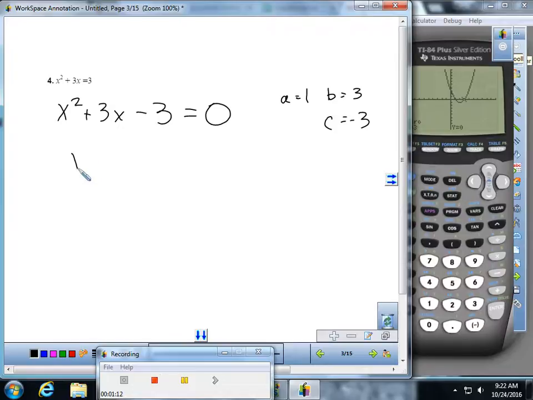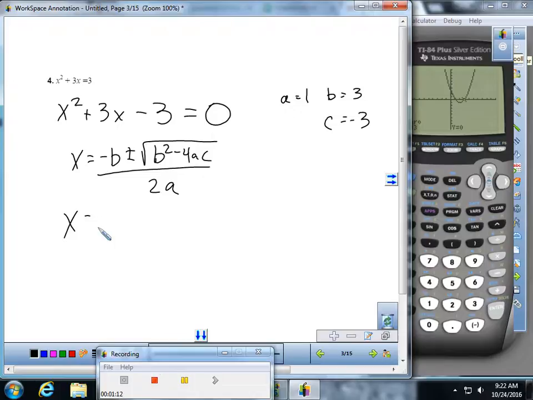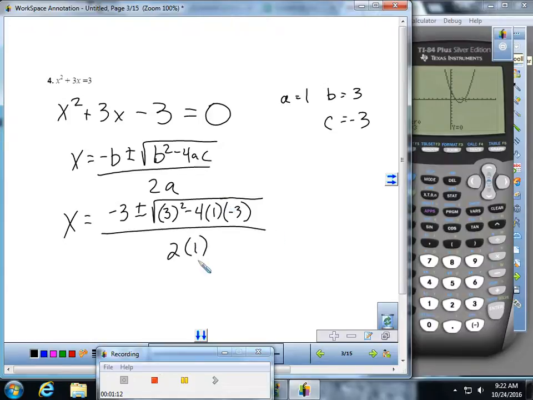Our quadratic formula is x equals minus b plus or minus the square root of b squared minus 4ac, all over 2a. So x equals minus 3 plus or minus the square root of 3 squared minus 4 times 1 times negative 3, all over 2 times 1.